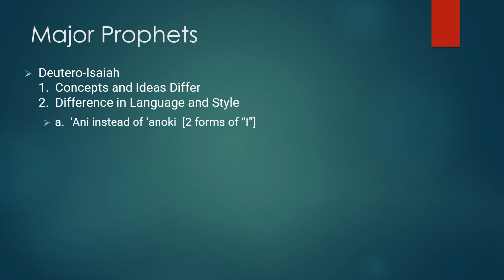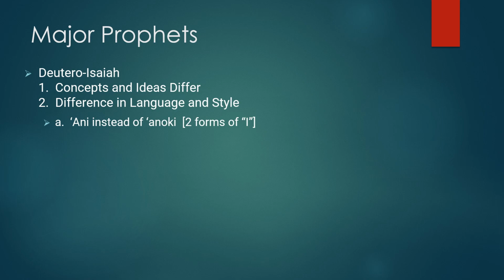G.C.H. Alders, in his Introduction to the Old Testament, that's a Dutch work, says, to take one illustration, that an argument has been made that difference in style is seen in the strong preference in Deutero-Isaiah for the first person singular pronoun in Hebrew, ani, instead of its alternative, anoki.